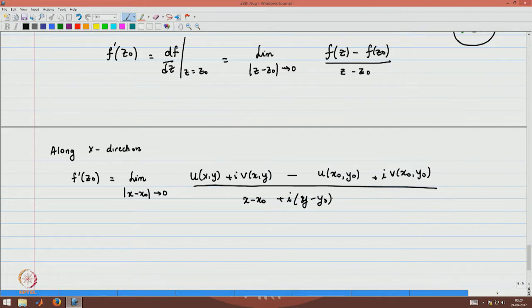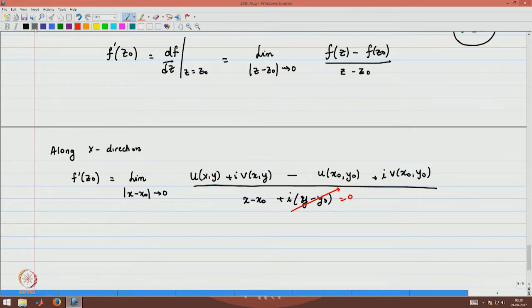So that is what it should have, but in this case we took this going to 0. So now again y is equal to y 0.